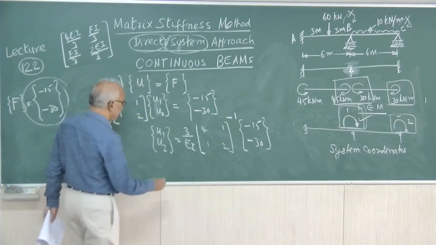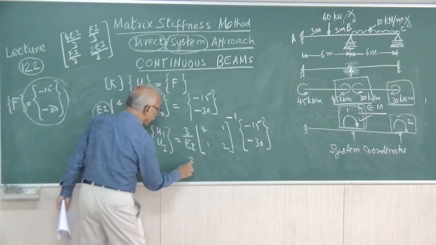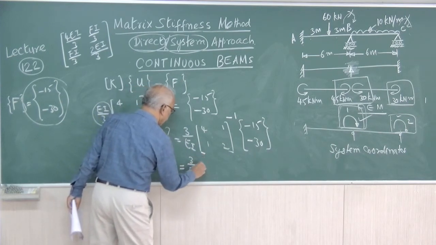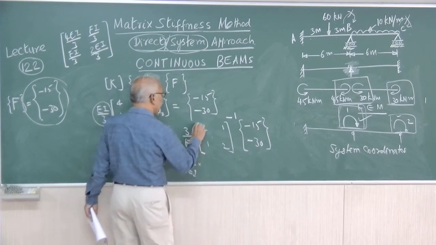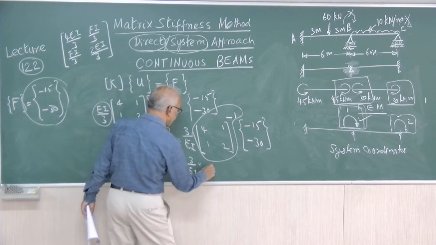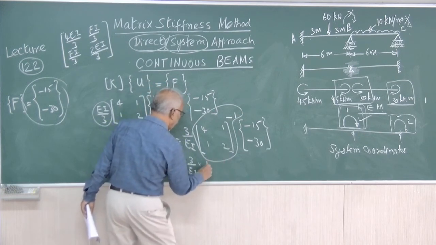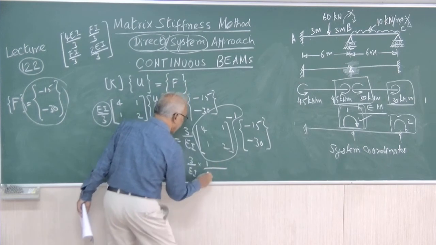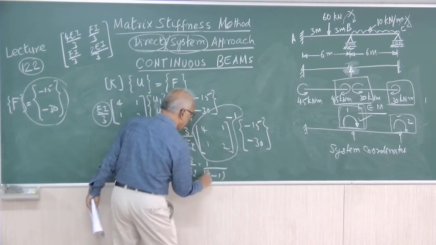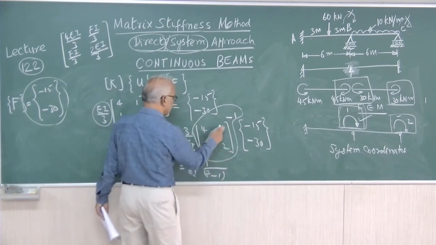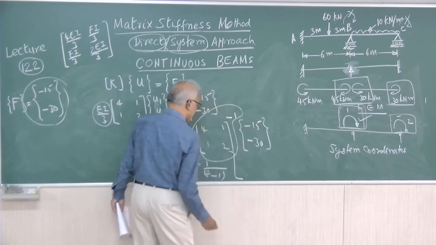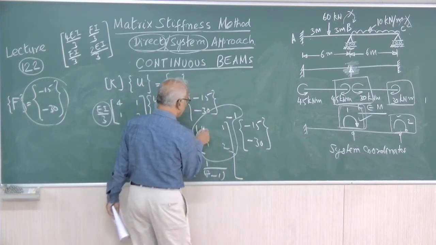So, this will be 3 by EI into the inverse of this, which is 1 by determinant into the adjoint of the matrix. The determinant will be 4 into 2 minus 1 into 1, that is 7. For the adjoint of the matrix, 2 will go here and 4 will come here.